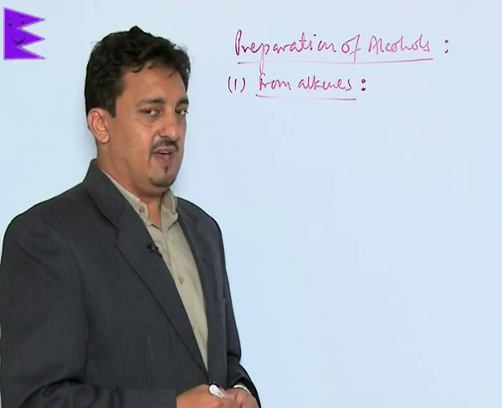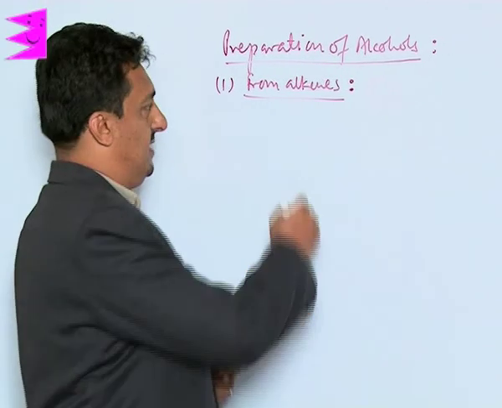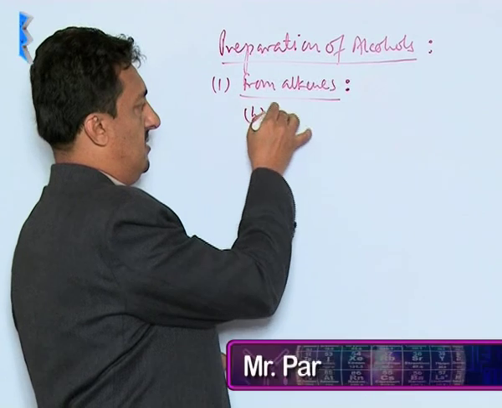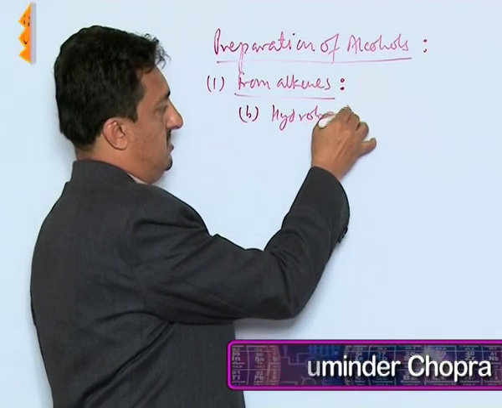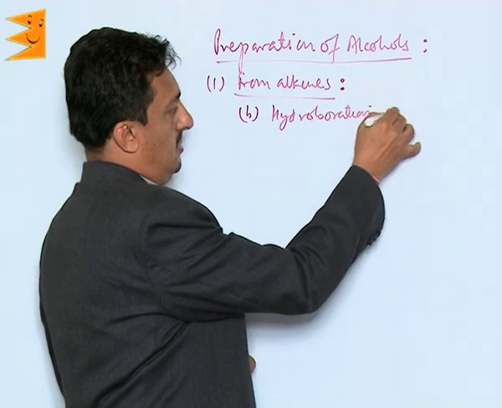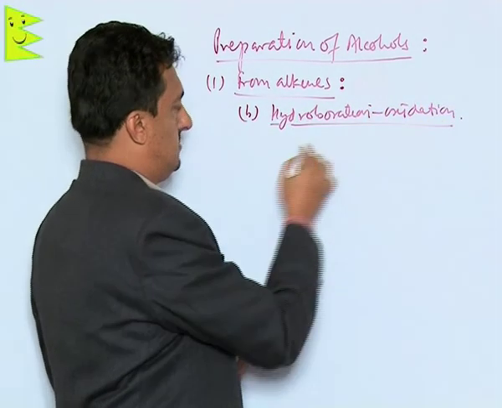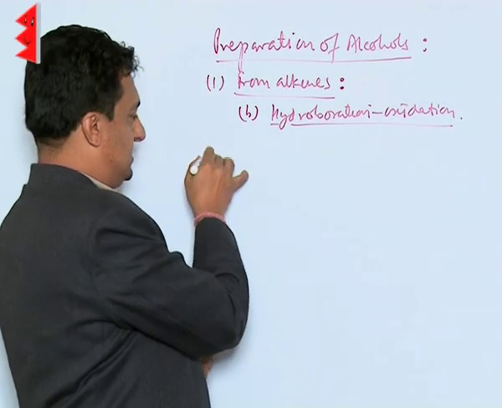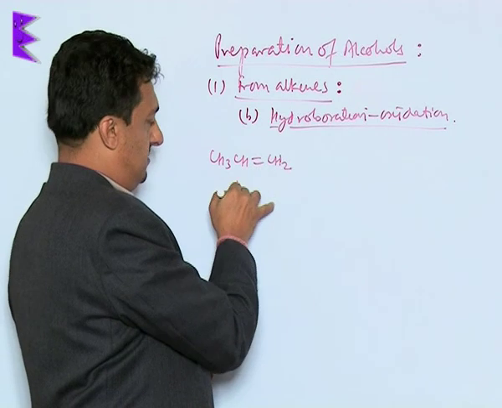We can also prepare alcohols from alkenes by another reaction which is called hydroboration oxidation. Now what we do in this case is, let us take the example of this propene again.